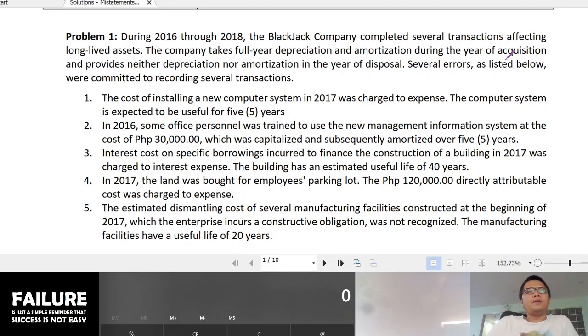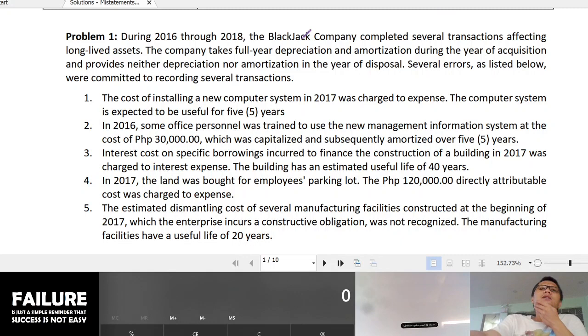What we will do today is answer some exercises, which I hope will help you better understand the topic on errors. Hoping that after this discussion, you will have a clear picture on how to deal with errors on financial statements.